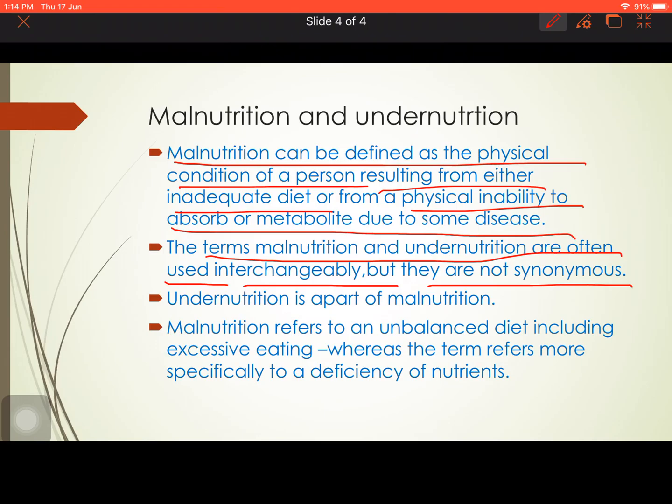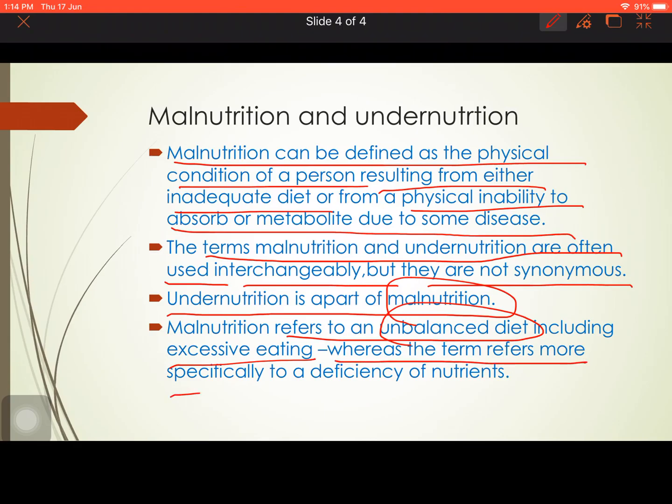Malnutrition might mean a person is eating more, or a person may be eating less, or his or her body is not absorbing the food properly.